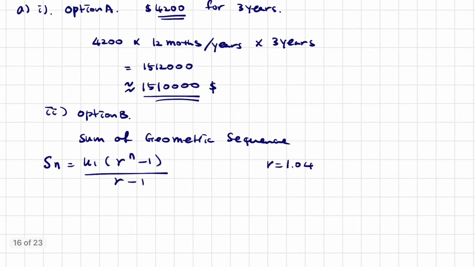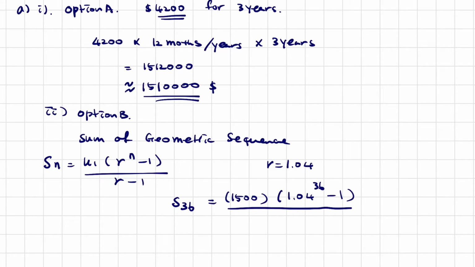So we can set the equation as S36. We're getting payment 36 times, right? S36 equals U1, which is 1,500, the first payment, times 1.04 to the power of 36 minus 1, over 1.04 minus 1.